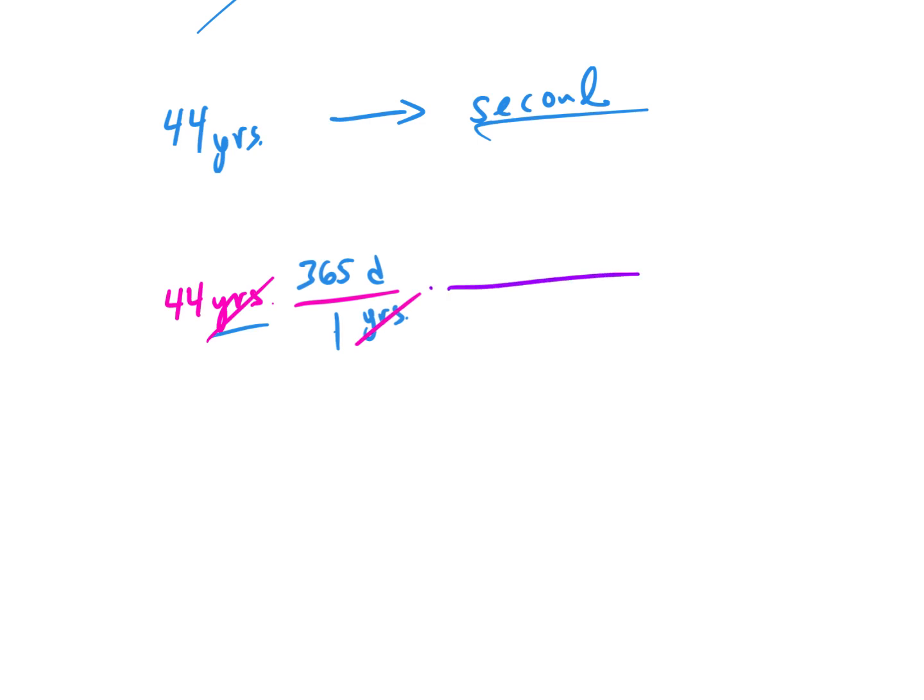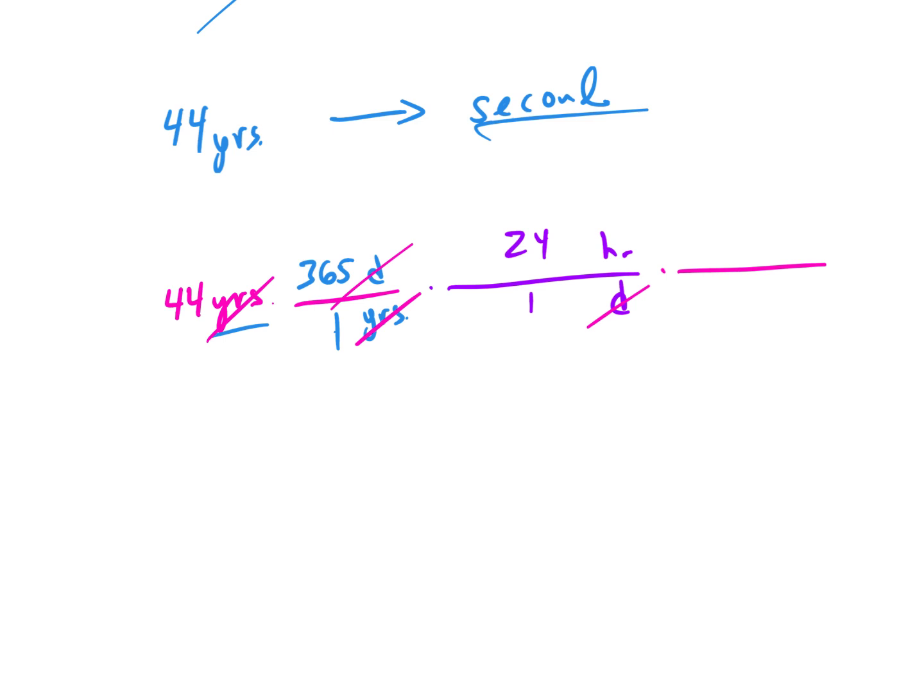All right. Do I want days in my answer? No, so where do days go? Hours. On the bottom so they can cancel. I know days to what? Hours, right? 24 hours is the same as 1 day. Days go away telling me I'm doing it right because I know these values are equal. Do I want hours in my answer?